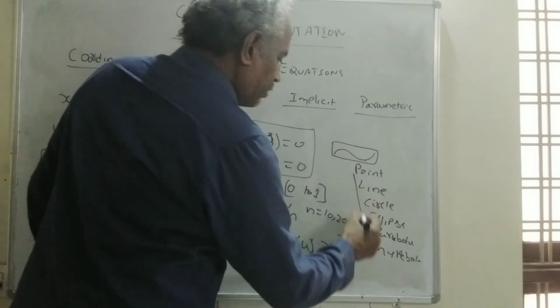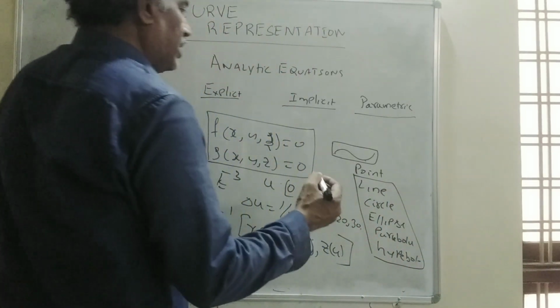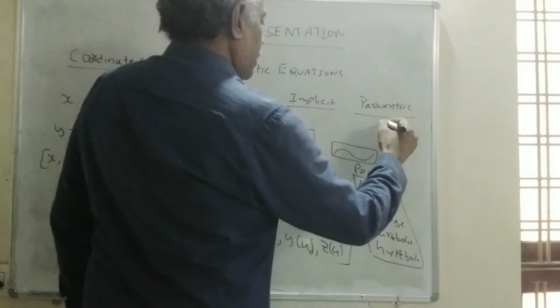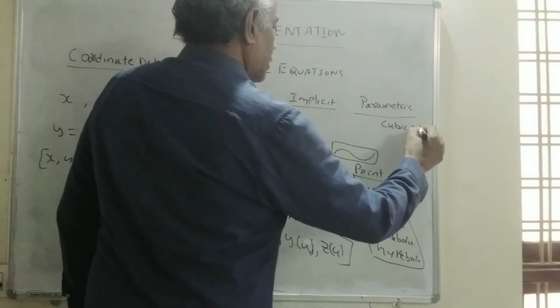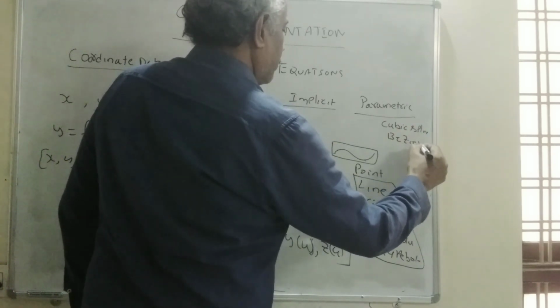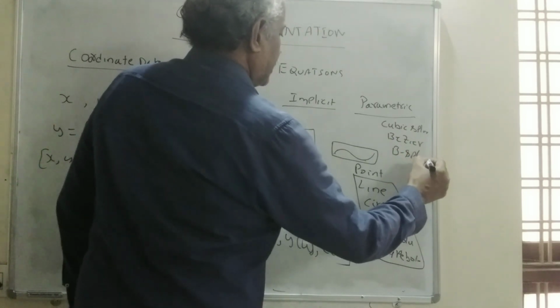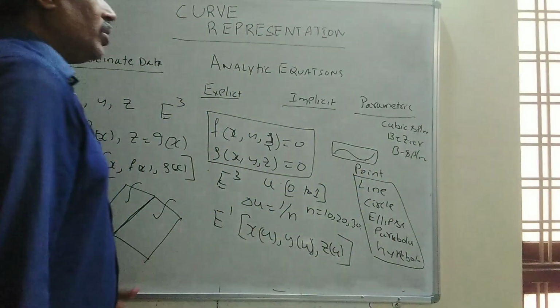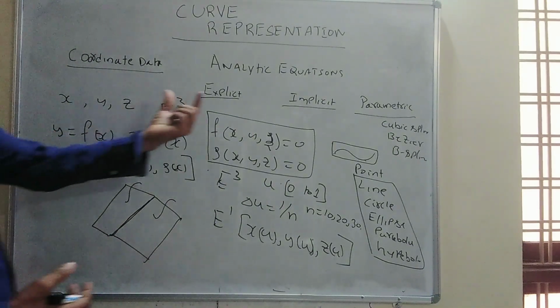These all come under analytical curves. And synthetic curves are also there. They are cubic spline, Bezier, B-spline, etc. These analytical curves can be represented in three forms: the explicit form, the implicit form, and the parametric form.